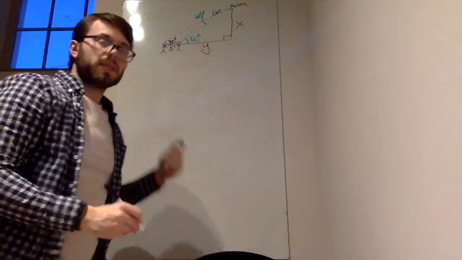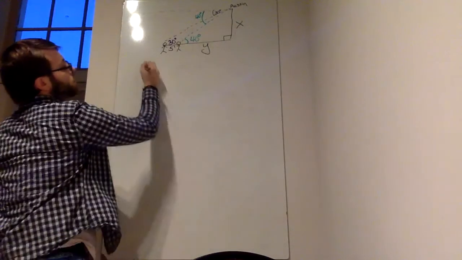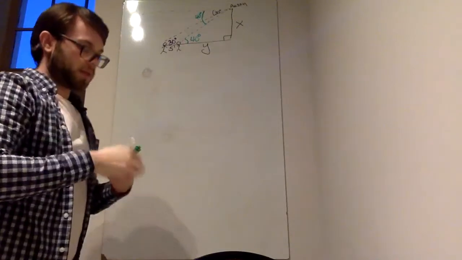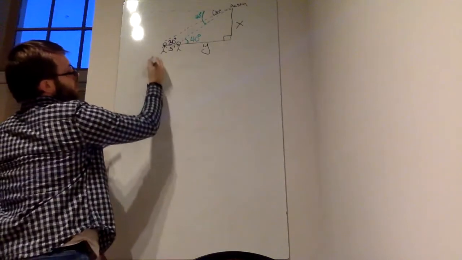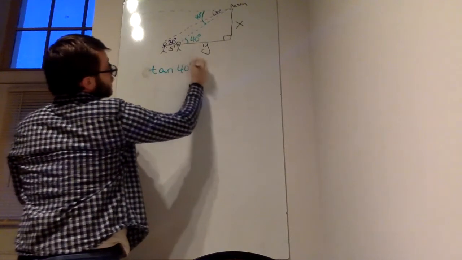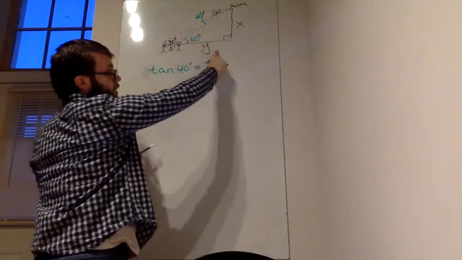So when we have opposite and adjacent, we are going to need to use the tangent. So let me do it in the right color. So we have tangent of 40 degrees is equal to opposite over adjacent.